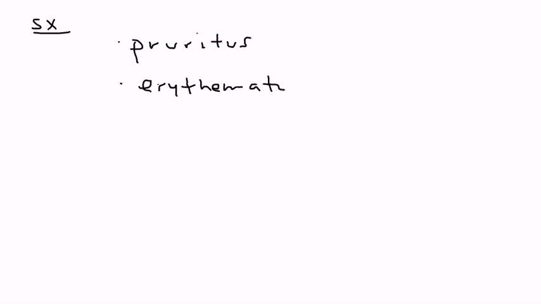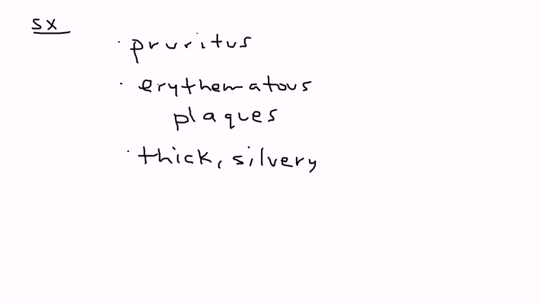Now let's talk a little bit about the symptomatology. Sometimes psoriasis can be asymptomatic, but if there are symptoms, they can include itchiness or pruritus. And then in terms of the physical exam, you're going to see these red plaques that are very characteristic, and they also are covered with this silvery, shiny scales.